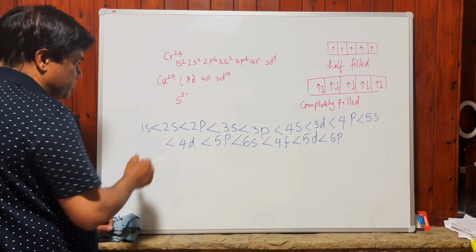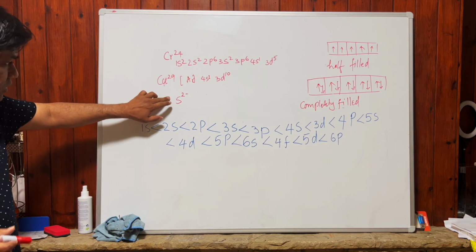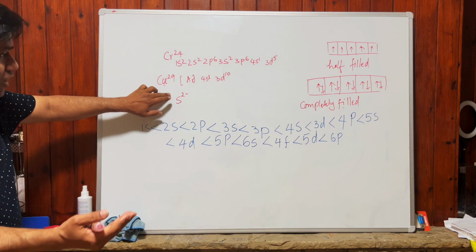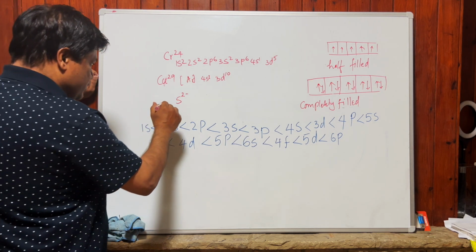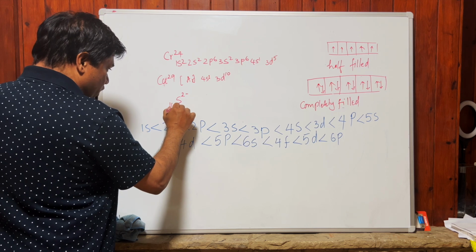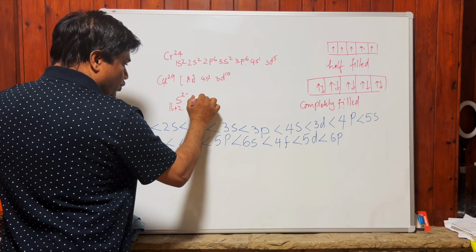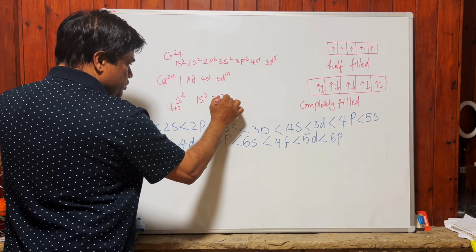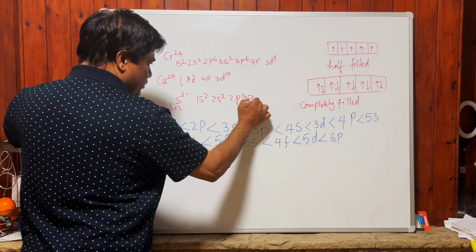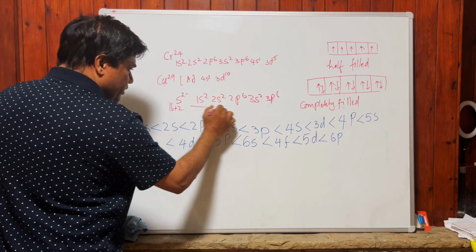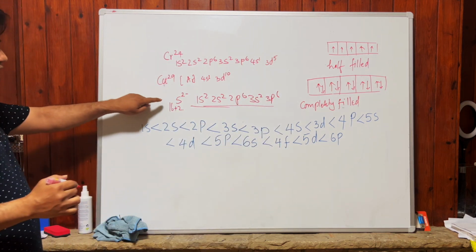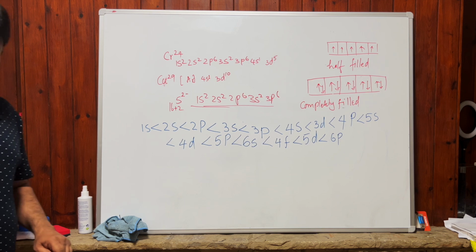What does 2 minus mean? 2 minus means sulfur is a non-metal, and non-metals gain electrons. It gains 2 extra electrons. So 16 plus 2, it has 18 electrons: 1s2, 2s2, 2p6, 3s2, 3p6. This becomes the configuration of argon because it gains 2 extra electrons.